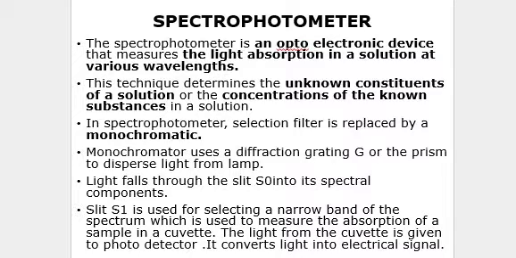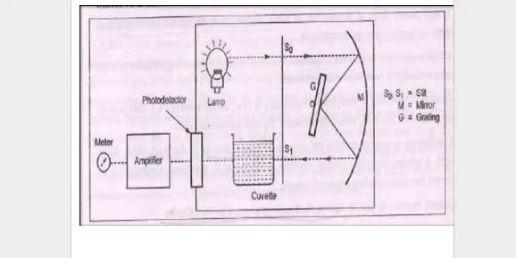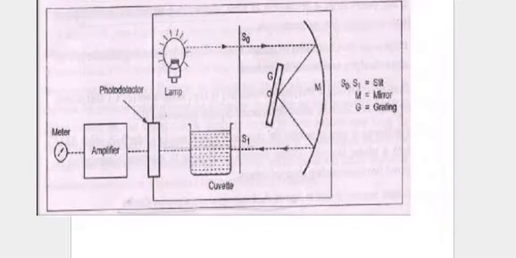Here is a diagram. There is a light, and that light is allowed through the slit S0 and focused to the grating G. From there it is allowed through the mirror and the slit S1 into the sample solution.